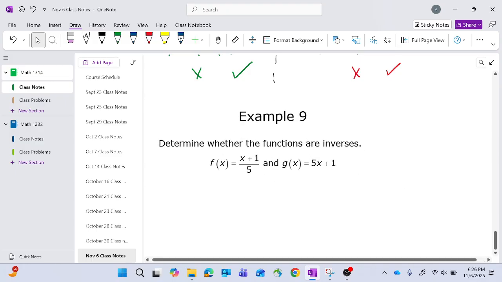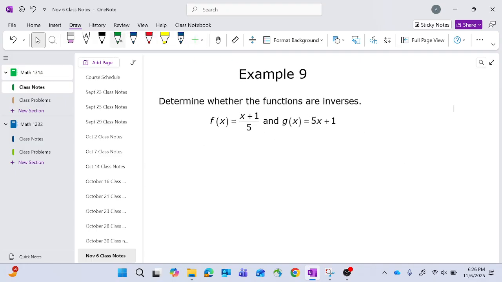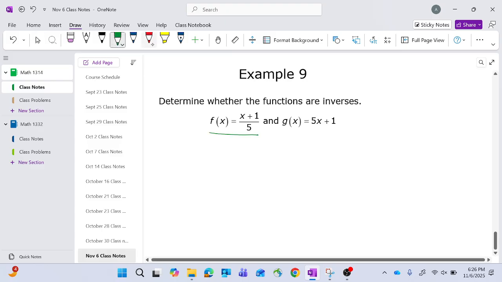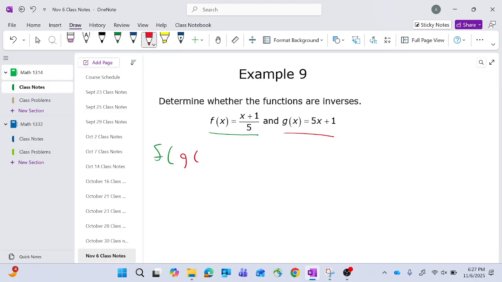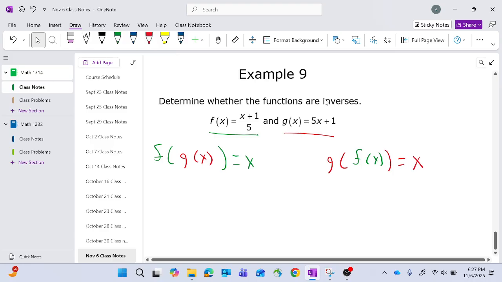Same thing. f of x will be green, g of x is red. So you want f of g of x to equal x, and also g of f of x to also equal x.